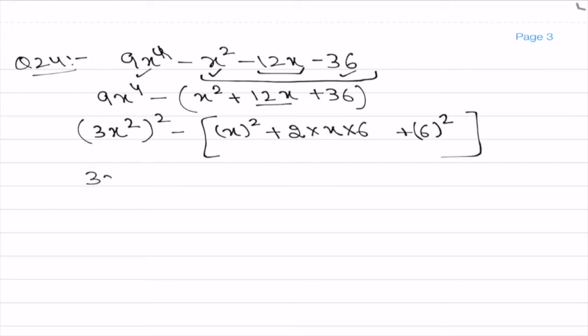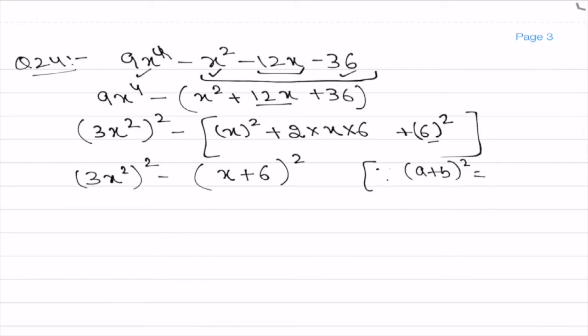So again we can see here it becomes a formula a plus b whole square where a is x, b is 6. So it becomes x plus 6 whole square, or you can mention it over here that we have used a formula a plus b whole square.